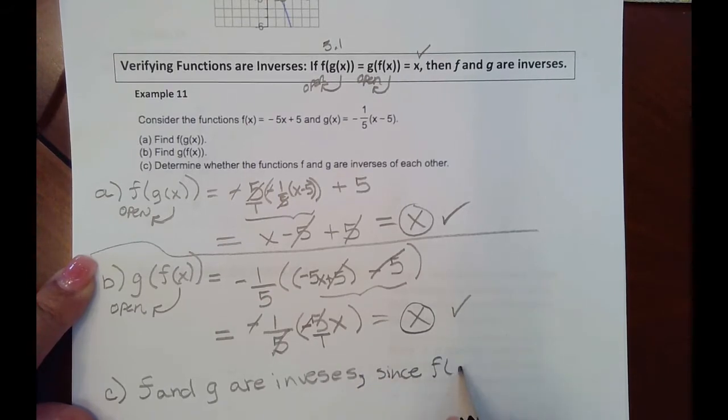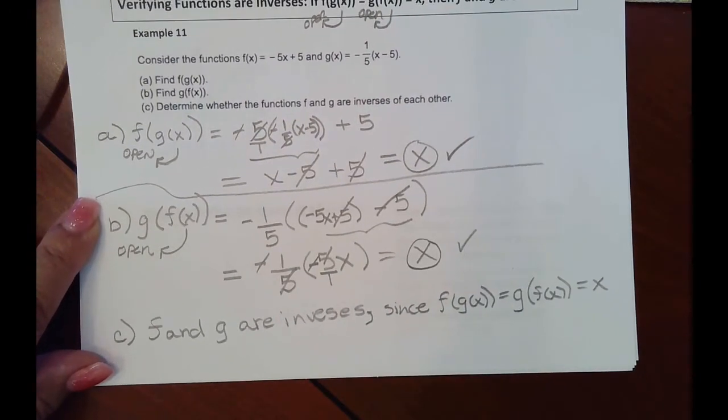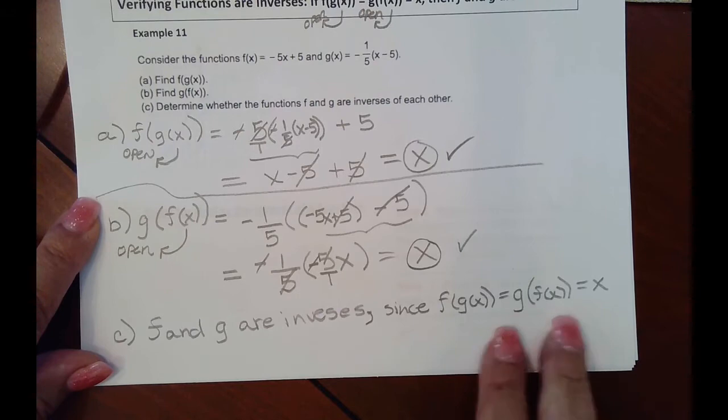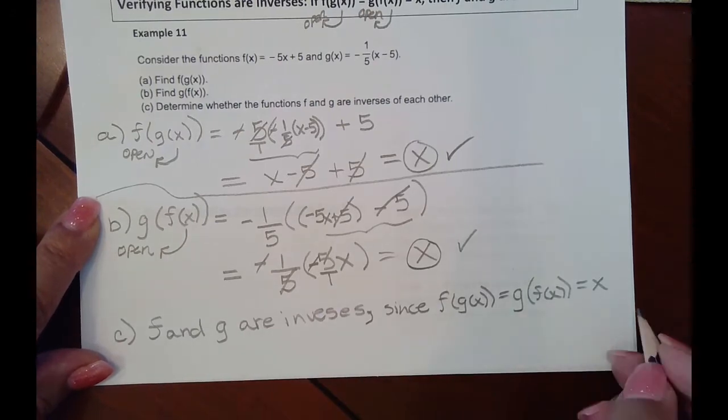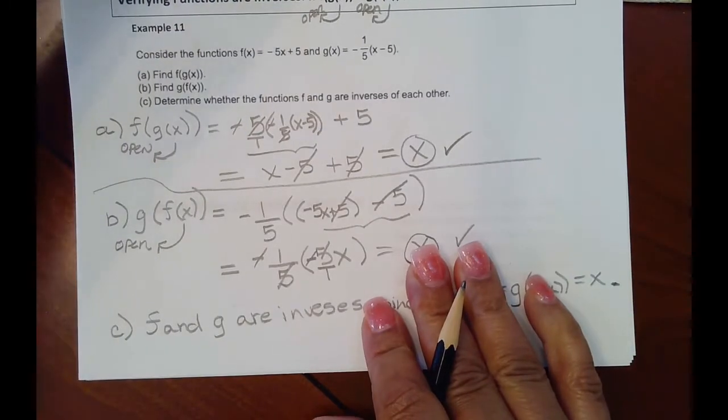Since f of g of x turned out to be the same thing as g of f of x, which both turned out to be 1x, the process used to verify that they are inverses. So this is the reason why they're inverses. Okay, moving on to number 12.